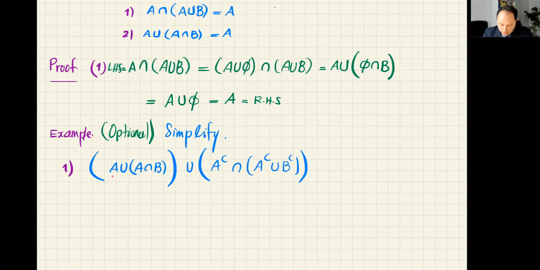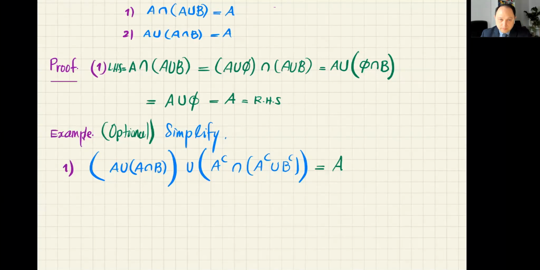Can you tell me what's the answer to the first pair according to this absorption law? It is A. Yes, because I have union, I have intersection, but one set repeats itself. According to the absorption law, the answer is the repeated set. So I would immediately write A. I don't need to calculate anything at all for this part. But now, can you tell me what's the answer to the second pair?